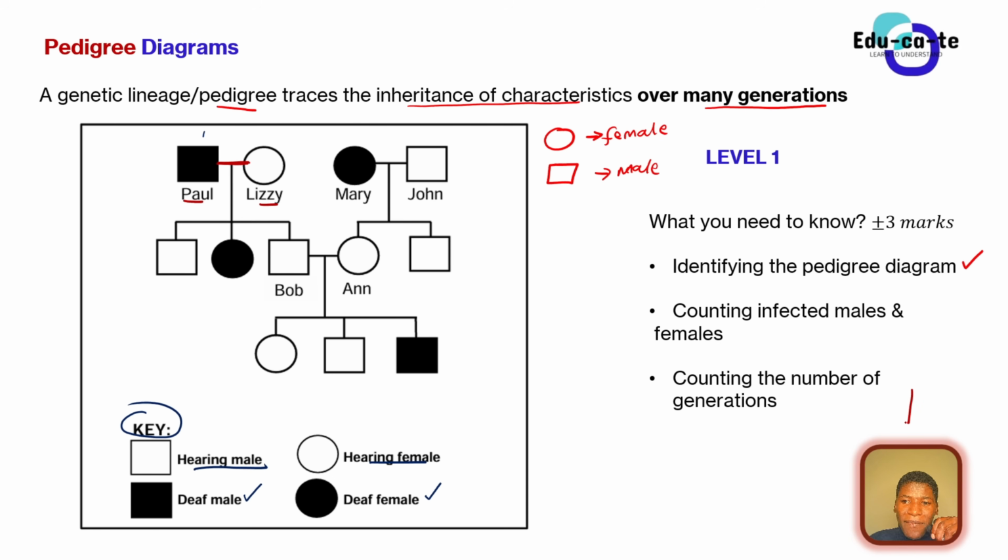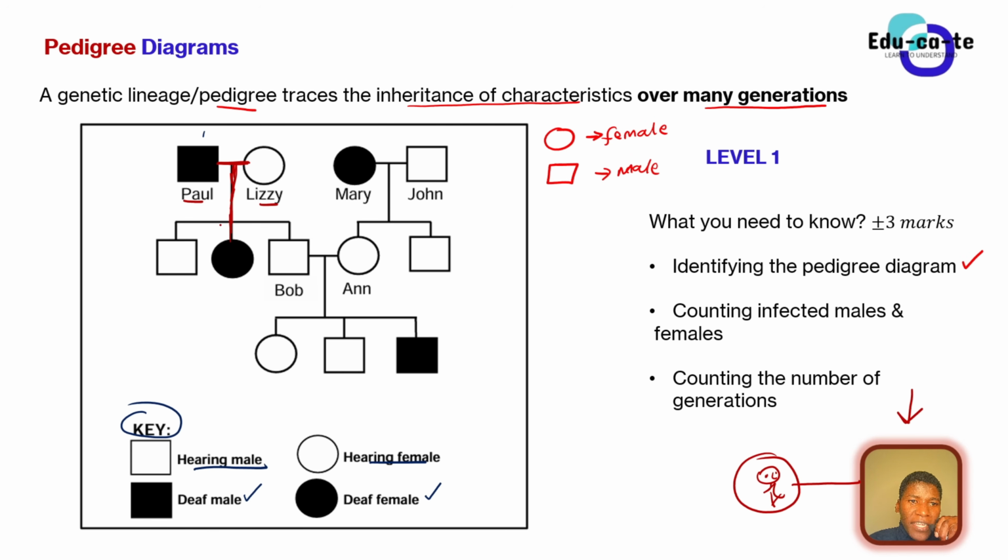You can see that my camera here is represented in a square because I am a male. If I was linked with a female, it means that I'm making a baby with a female. After this horizontal line that links them, you can see there's a line that descends.